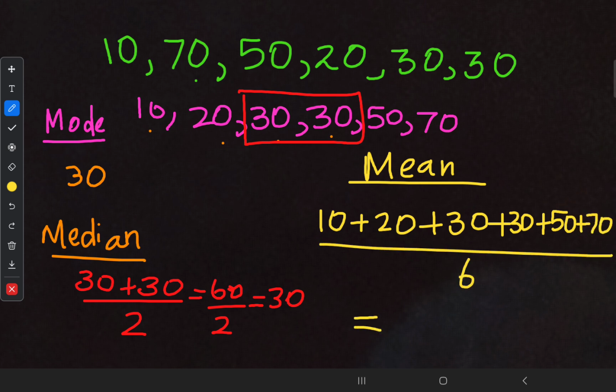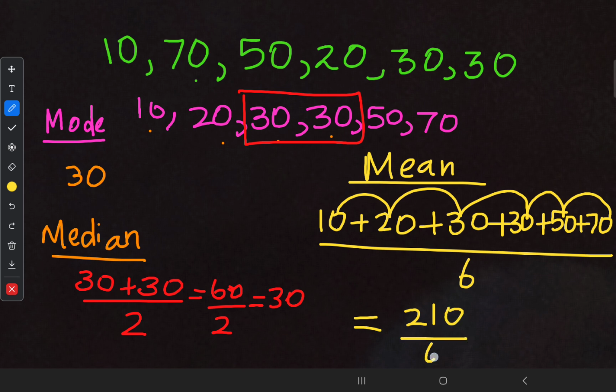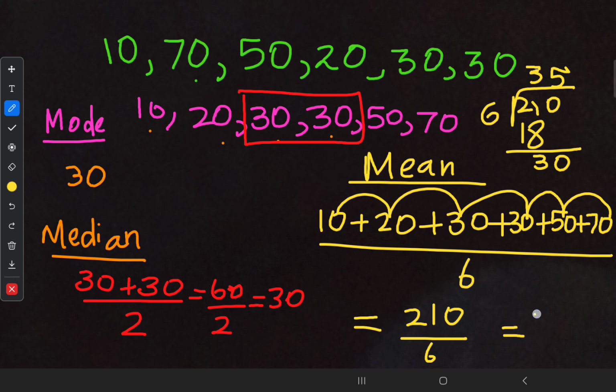That means 10 plus 20 is 30, 60, 90, 140 and 210. 210 should be divided by 6. 3 6s are 18, then remainder 3, 0. In that 5. So the mean of this data set is 35.